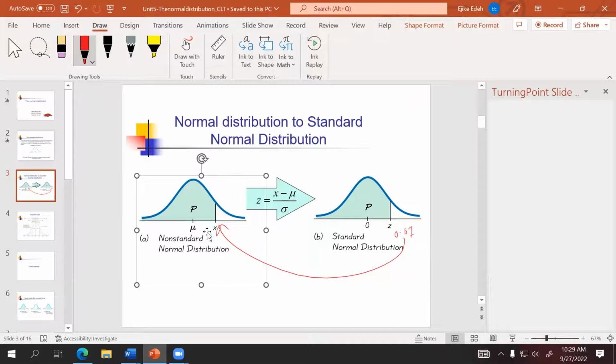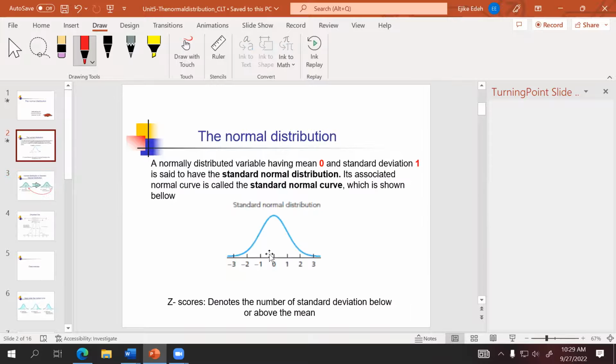And then the question somebody asked earlier, be aware that the Z is just the number on the line. And when the question says proportion, area, percentage, probability, they're all talking about the area under the curve, right? Also be aware that this is a symmetrical distribution. That half is 50%, the other half is 50%.